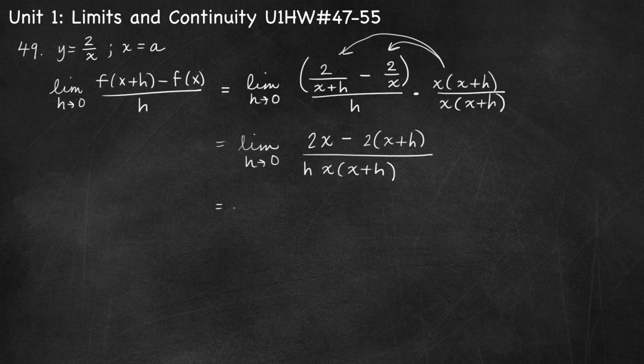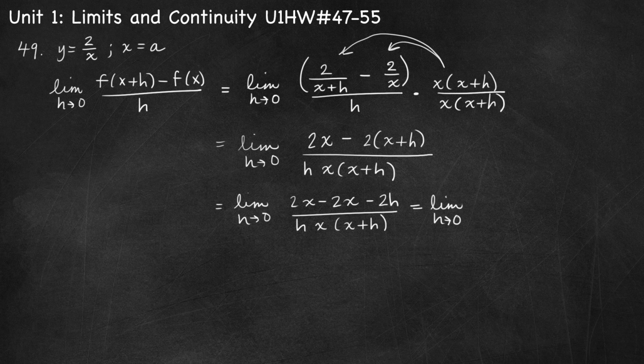And this is equal to the limit as h approaches 0 of 2x minus 2x minus 2h over h times x plus h. I don't want to simplify the denominator because my ultimate goal is to get the h to cancel out. And this is equal to the limit as h approaches 0.